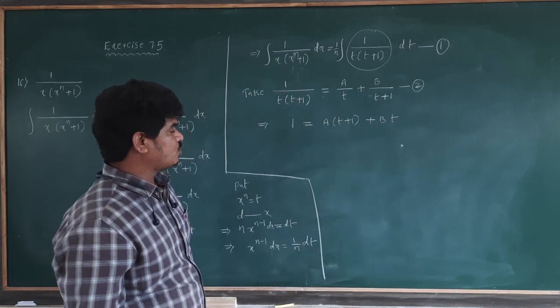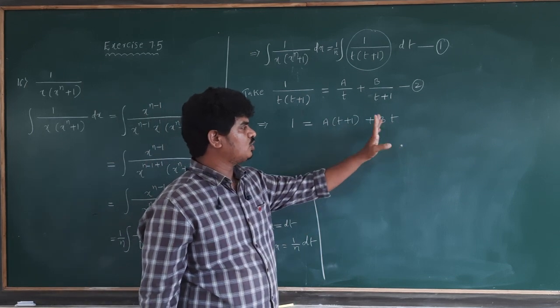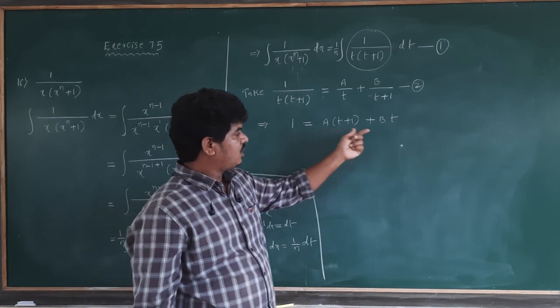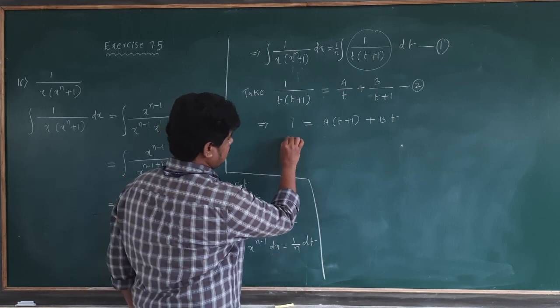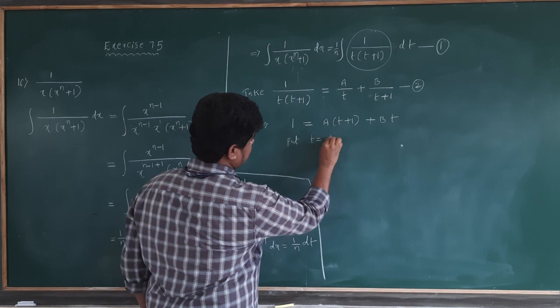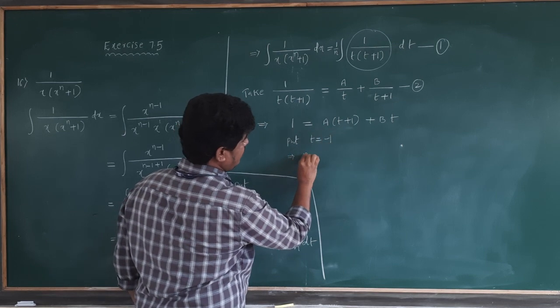Here we have two substitutions. One is t equals minus 1 and one is t equals 0. If we take t equals minus 1, this becomes 0. If we take t equals 0, this becomes 0. Okay? So just put t equals minus 1. This term will become 0. So what is B?